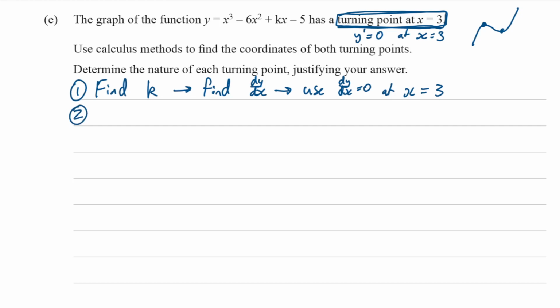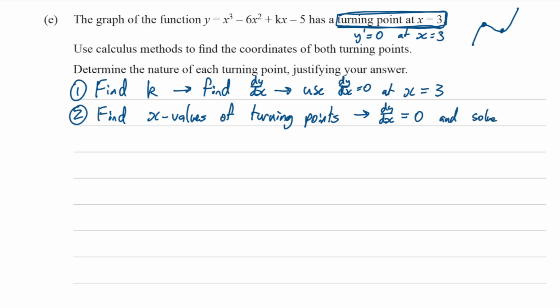Cool. Step 2 is we need to find the x values of the turning points. Now, you'll notice we're already given one at x equals 3, so that's great, but we do need to find the other one. And to do that, we would set the derivative equal to 0 and solve for x.